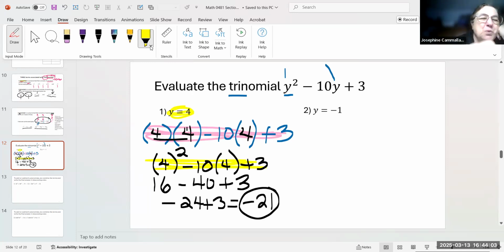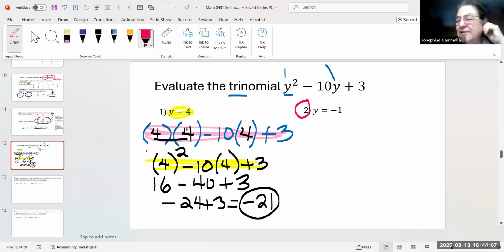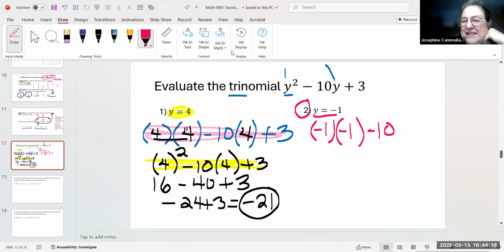But look at number 2. Do you see I have a negative number? -1 times -1 minus 10 times -1 plus 3.